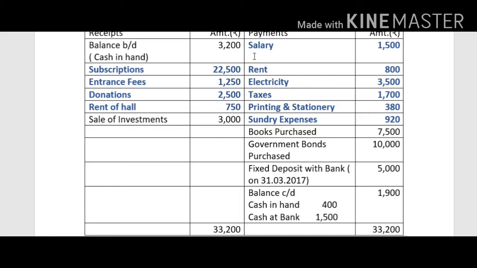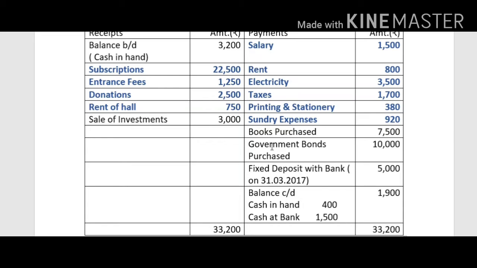Then on the payment side, salary, rent, electricity, taxes, printing and stationery, sundry expenses are shown. These are revenue expenses, so these will be shown on the expenditure side. Books purchased are assets, not revenue expenditure.